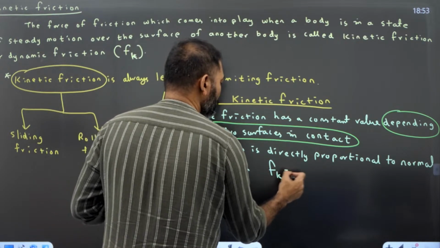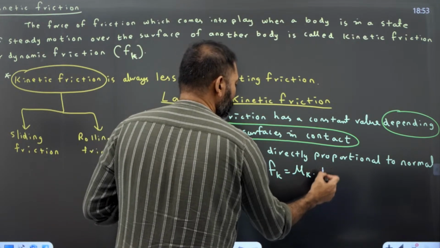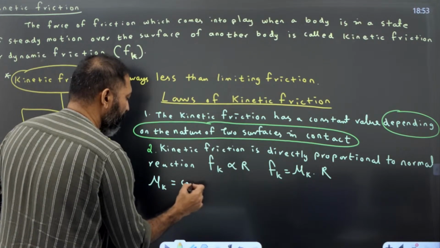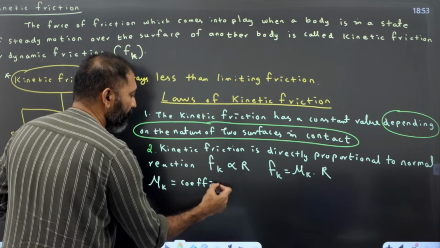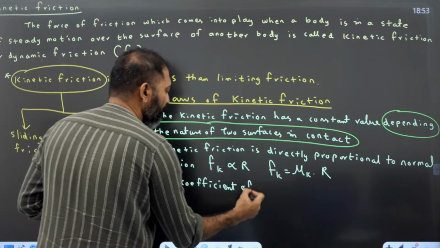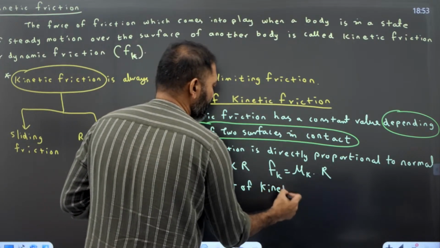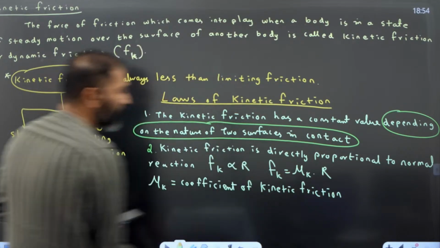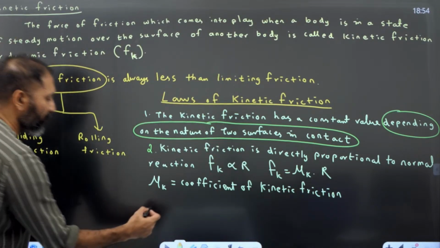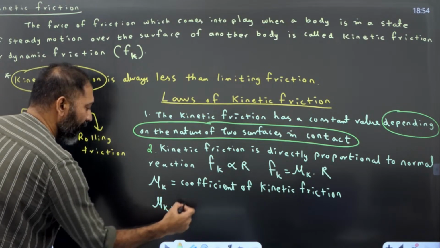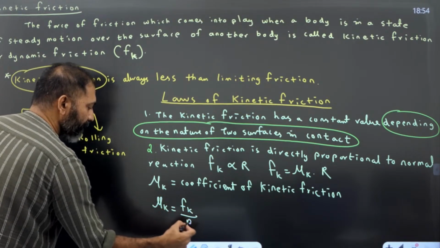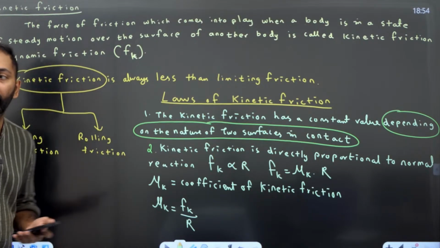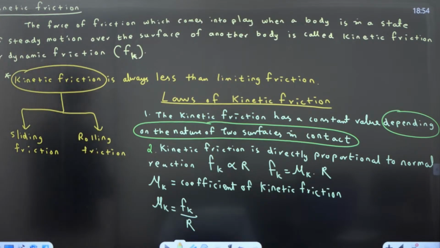Fk is equal to mu K R, where mu K is the coefficient of kinetic friction. Please don't forget, mu K is the coefficient of kinetic friction. So mu K is equal to Fk by R.